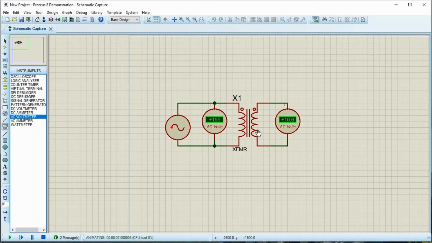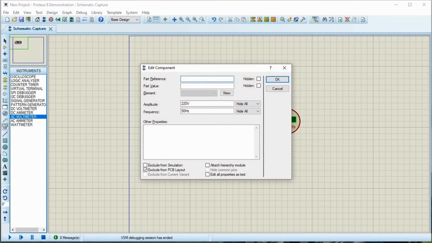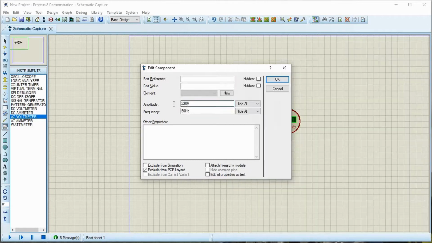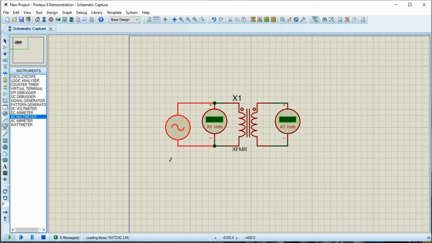Voltmeters will generally measure RMS. Let me pull out the calculator. It is 220 into root 2, that is 1.4308. Okay, it's close to 220, and at the output I am getting 15 volts.